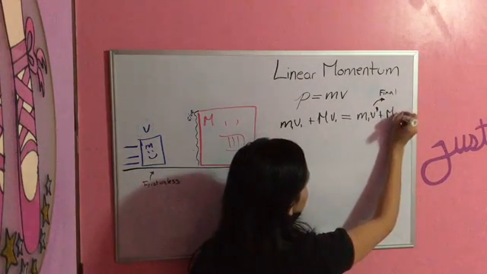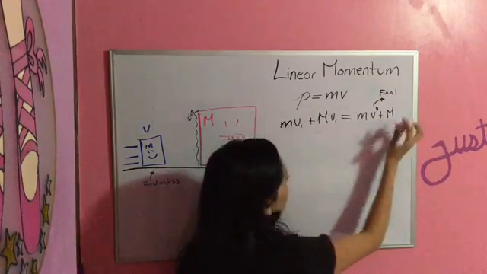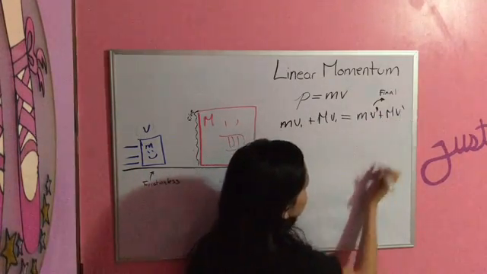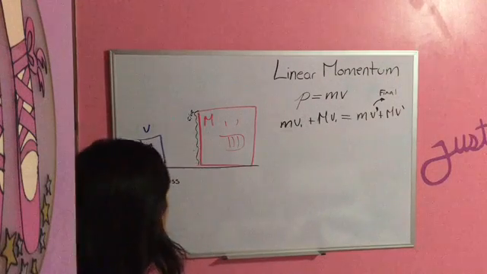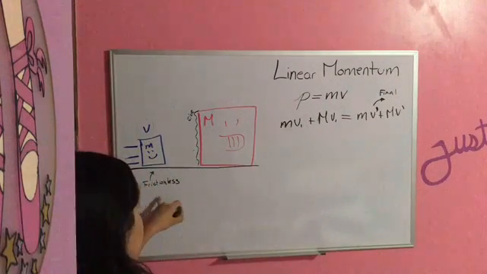So we have to sum up m and M times the final velocity.